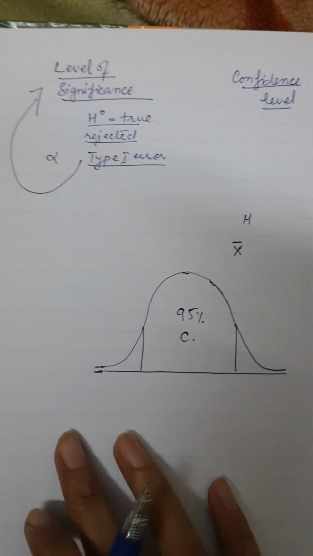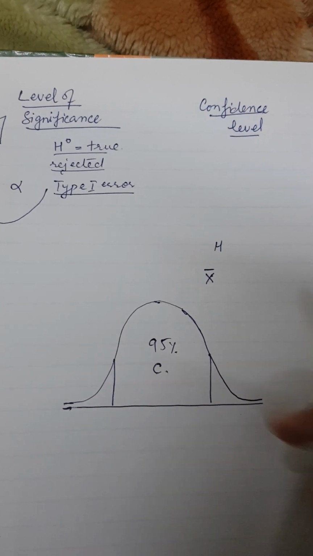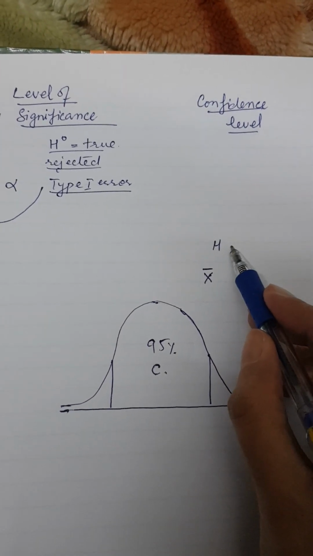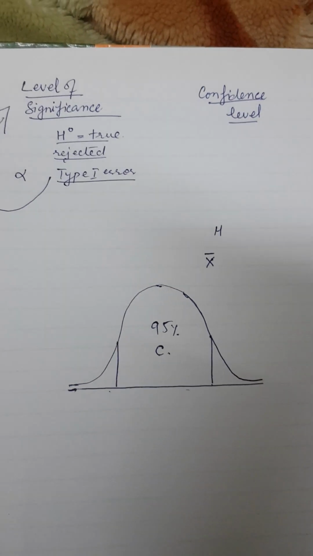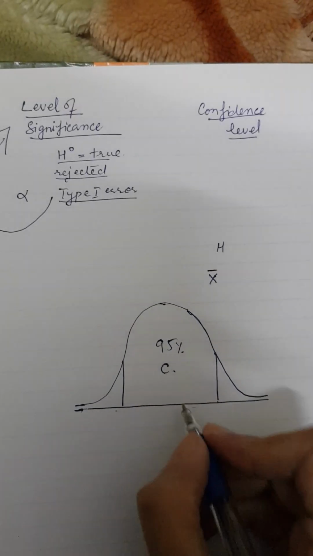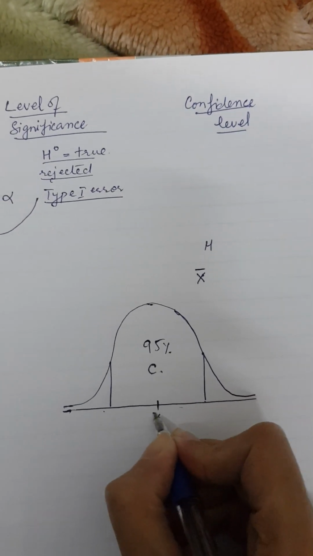So in a bell-shaped curve, we have the 95% confidence level that the population mean is within this level of the sample mean, and the sample mean is usually in the center. Here we have the sample mean.